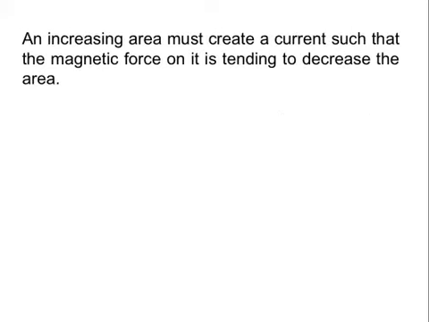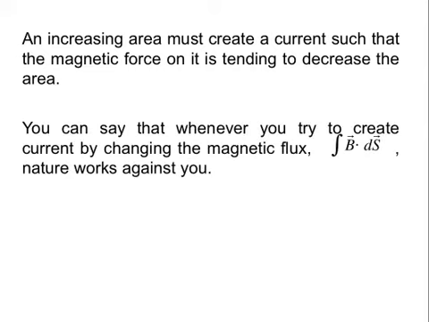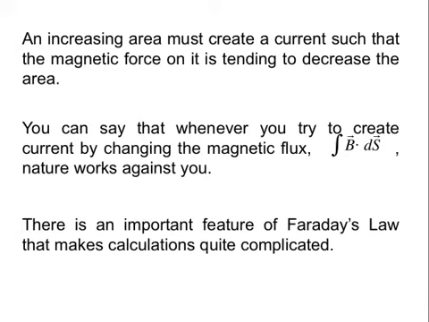An increasing area must create a current such that the magnetic force on it is tending to decrease the area. You can say that whenever you try to create a current by changing the magnetic flux, the integral of B dot ds, nature works against you.